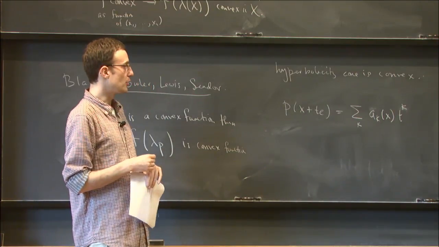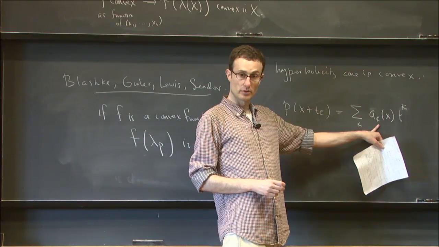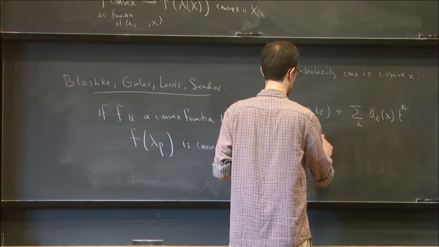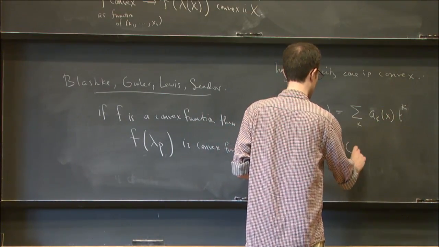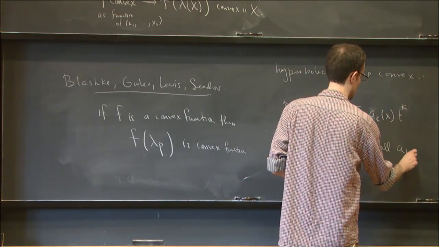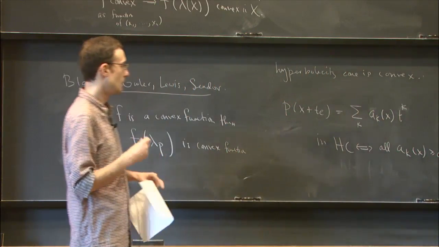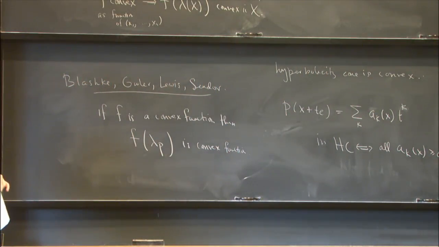And you're in the hyperbolicity cone if and only if all of these a_k of x are greater than 0. Yeah, so it's not clear how to compute them.